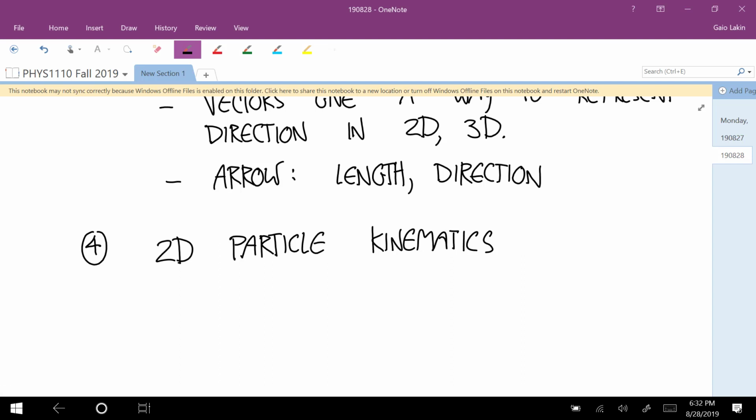So we're still not going to be concerned with the orientation of the object we're tracking.